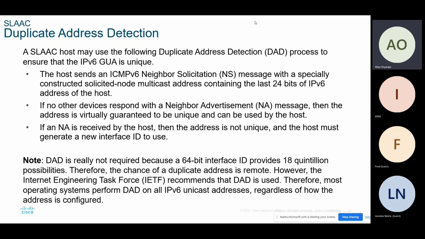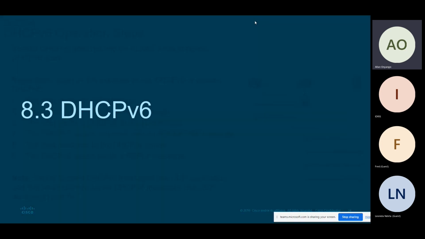Then we know that the address is actually being used by someone. But if you don't get an NA message back, they know your address is unique and you should continue using it. That is very, very important. So they do duplicate address detection to check if any device is currently using that randomly generated ID.